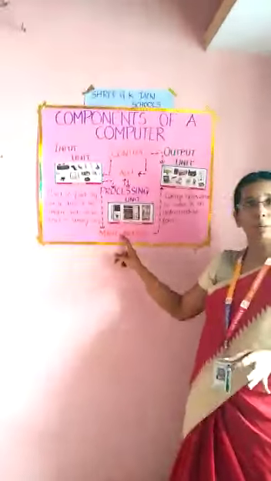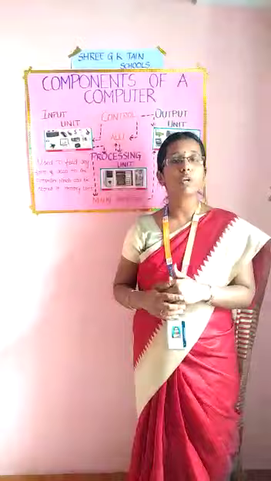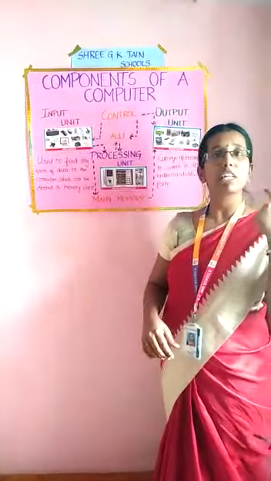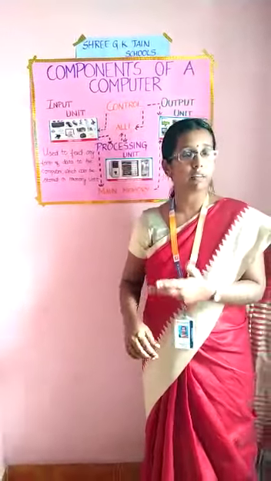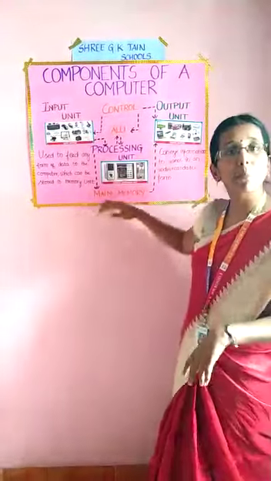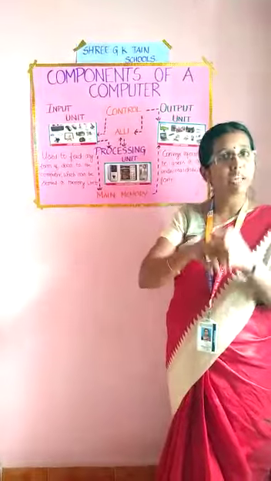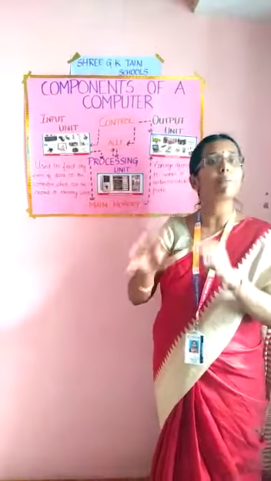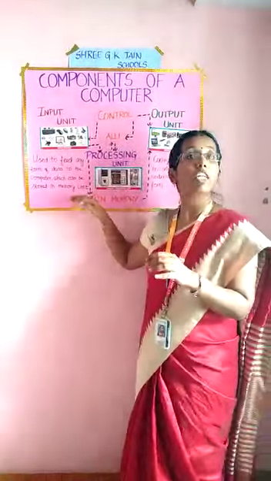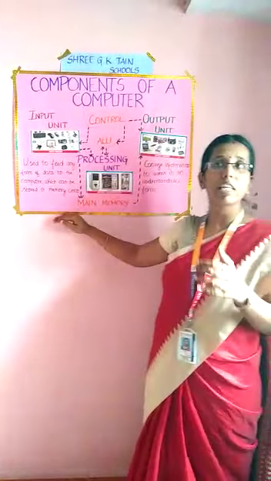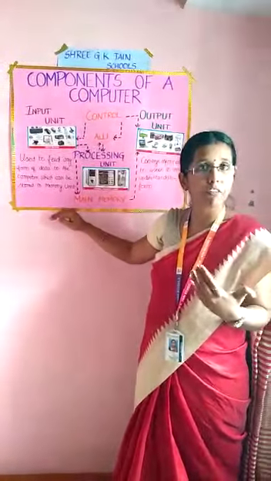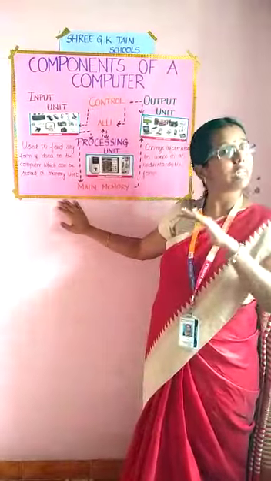And you have a memory unit. In memory unit, you have two types: one is primary and another one is secondary. Primary memory is nothing but the main memory. The data and information you have will be stored temporarily in this memory. It is volatile in nature, that is, if the power is switched off, the data in the main memory will get erased.